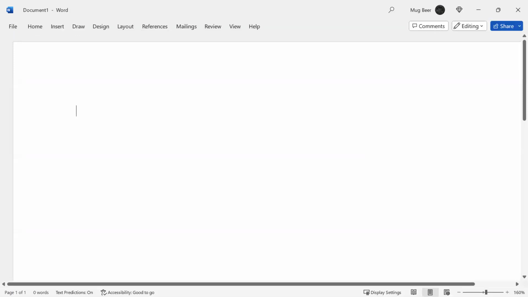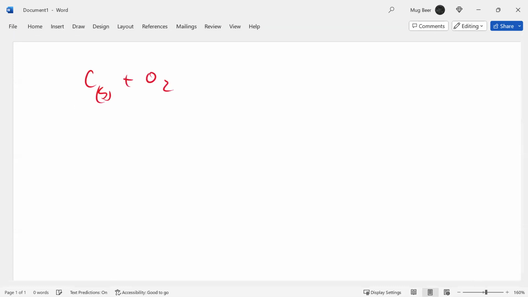So if I just put up something super simple, like I've got some charcoal, charcoal reacts with oxygen gas to burn and make carbon dioxide. All right, super easy. So this is an element in its elemental state, so its oxidation state is zero. This is an element in its elemental state, so its oxidation state is zero, meaning the carbon has 6 electrons to go along with its 6 protons, and each of the oxygens has 8 electrons to go along with their 8 protons.